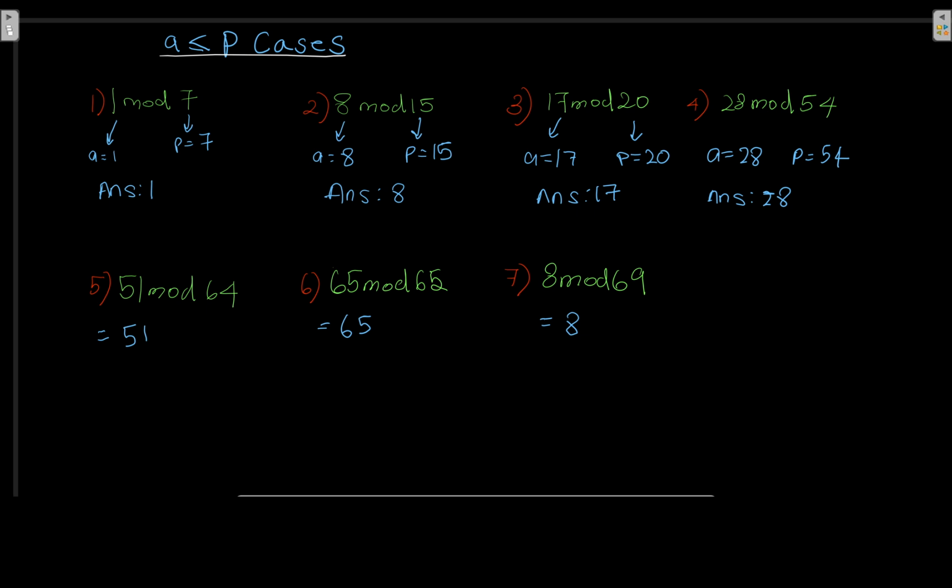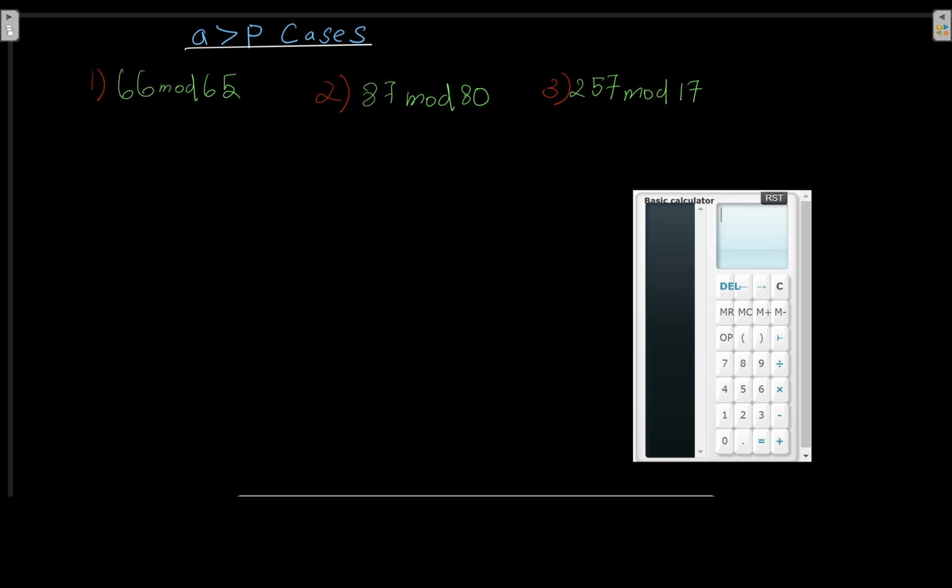Now let's solve the questions for the A more than P cases. In the first question, the value of A is 66 and the value of P is 65. We have to find the remainder of A divided by P, which is 66 divided by 65.